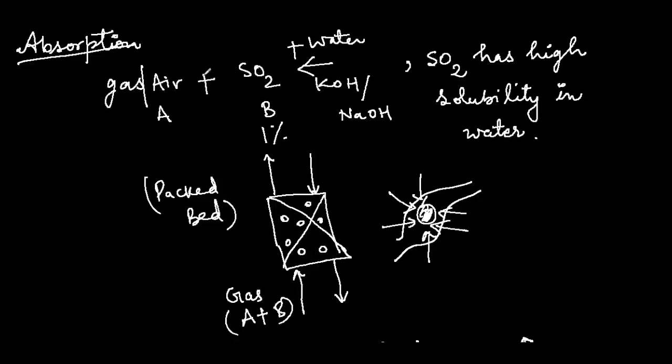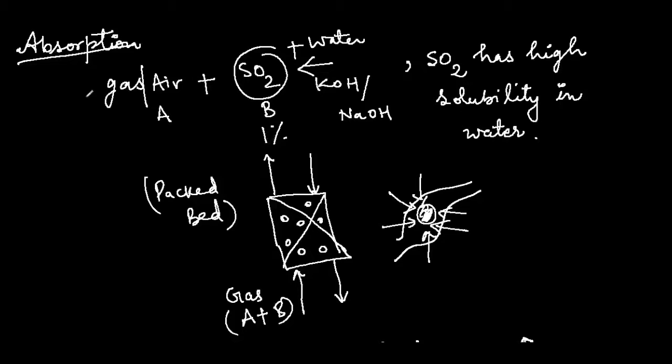So if we want to remove the sulfur dioxide from the air, we know from the thermodynamic data that SO2 is more soluble in water or any alkali. So we will utilize water to absorb this SO2 from the mixture of air so that we will get the pure air.